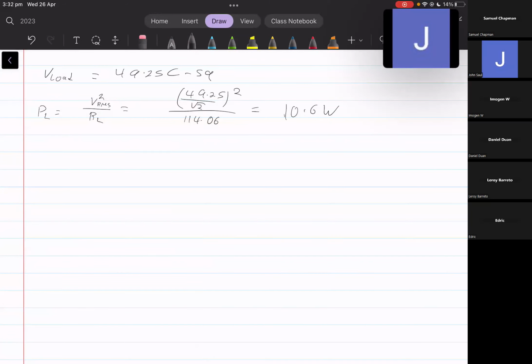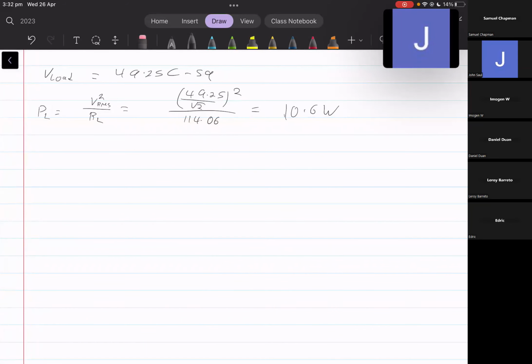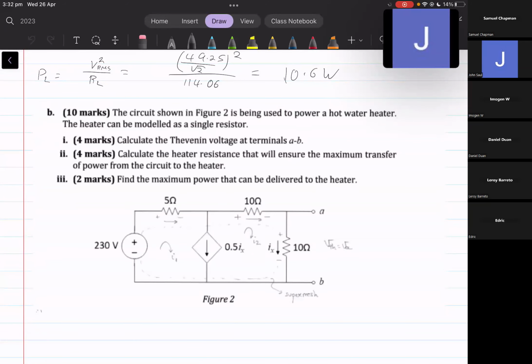In that case, we'll move on to the next question, which is 2019 term 1, question 1b. If there's ever more questions that pop up, feel free to just stop me and make me go back.